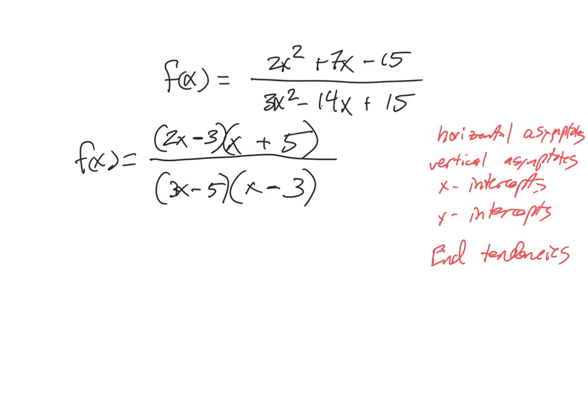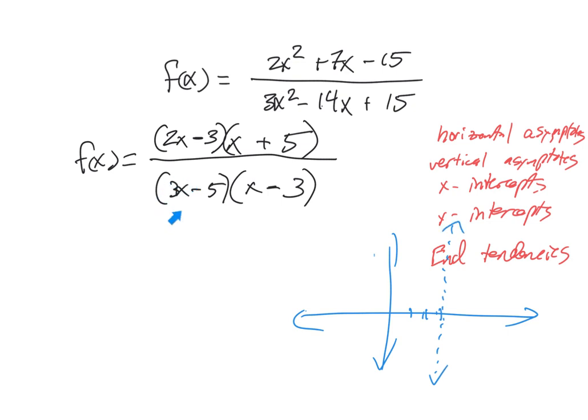What that helps me for is identifying my vertical asymptotes. What x's can I not have in this whole equation? And I'm looking at and thinking about a graph, of course. I can never divide by 0, which means what makes this 0? It's a positive 3. So at 3, 1, 2, 3, I have an asymptote going on.